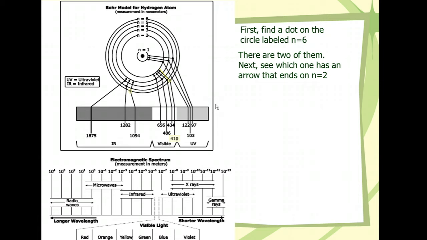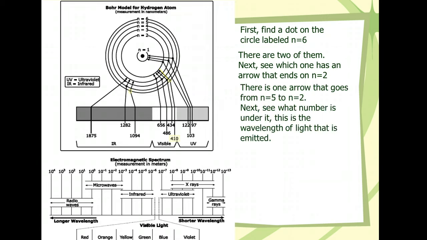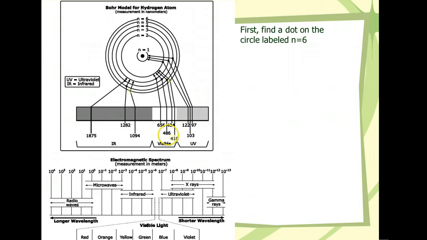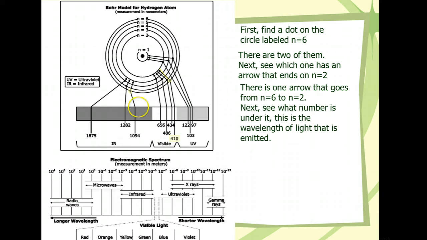Okay. So next, now that we see there's one arrow that goes from 6 to 2, we need to see what number's under it.